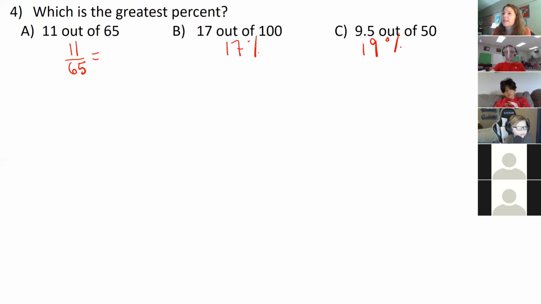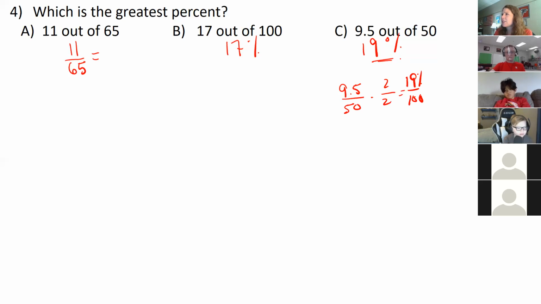Did y'all hear what he said about this one? Did y'all understand that? Yeah. Because he said, well, if 50 is half of 100, then that means if we multiply 9.5 by 2, that gives us our percentage. Beautiful. I love it.